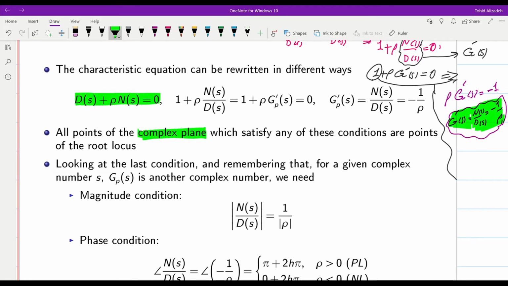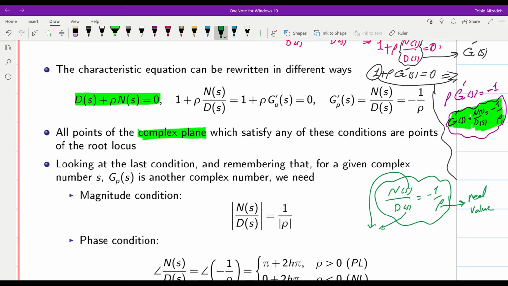If we take the last equation into account, so n over d equal to minus 1 over rho. We know that rho is a real value, but for n of s and d of s, we have s as a complex value in general, yeah?